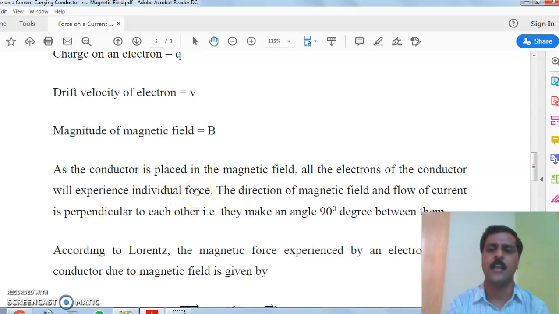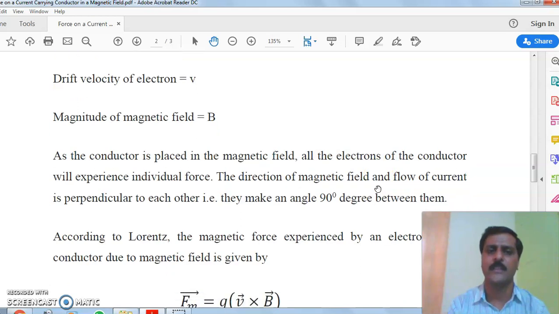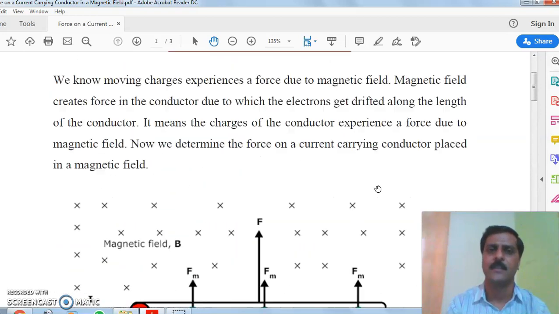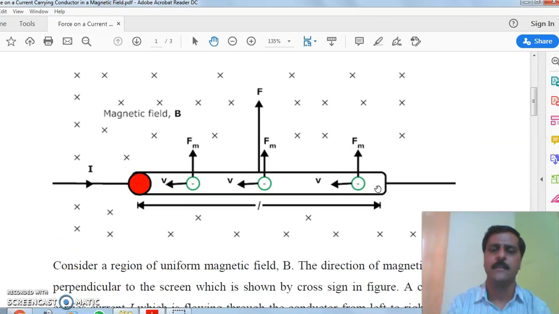In a conductor there are a large number of free electrons, and individually these free electrons will experience a force when this conductor is placed in a magnetic field. The direction of magnetic field and flow of current are perpendicular to each other, and they make an angle of 90 degrees between them.